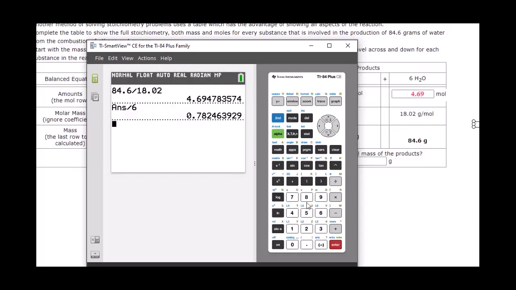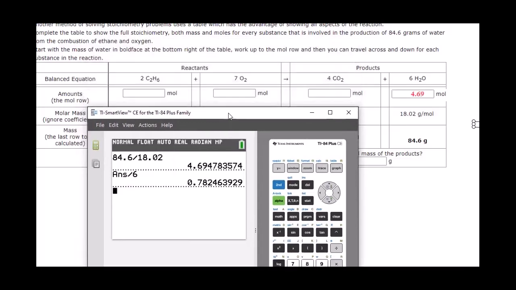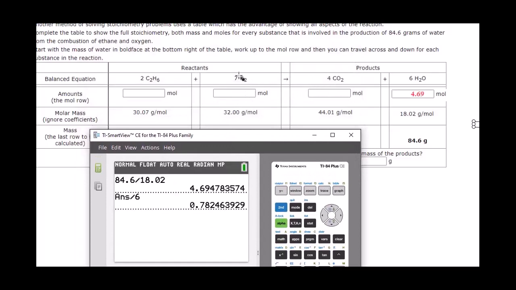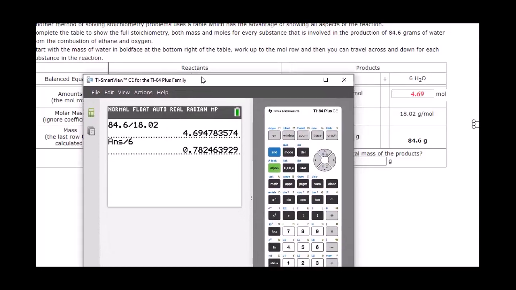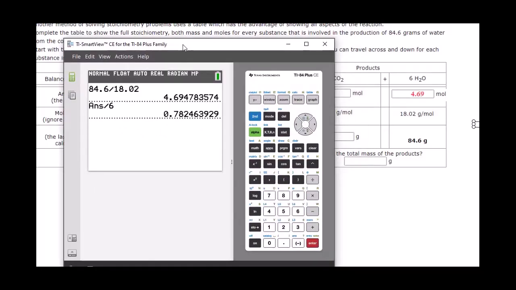And I'm going to do something here. If you've got a calculator, it's got a memory. You might as well be using that memory, as this answer, 0.782, is going to be used in all the rest of my calculations, because I'm going to use it as the basis to get CO2, O2, and ethane. So it's going to be an important number. I could write it down and retype it over and over again, but most calculators have a storage feature where I can take this answer and store it.